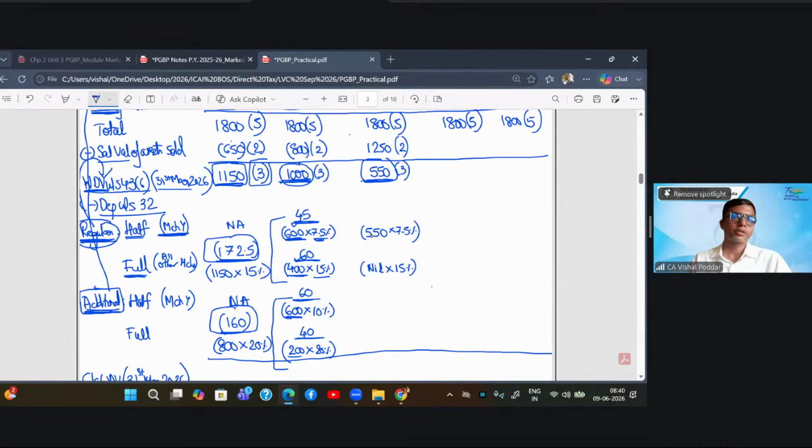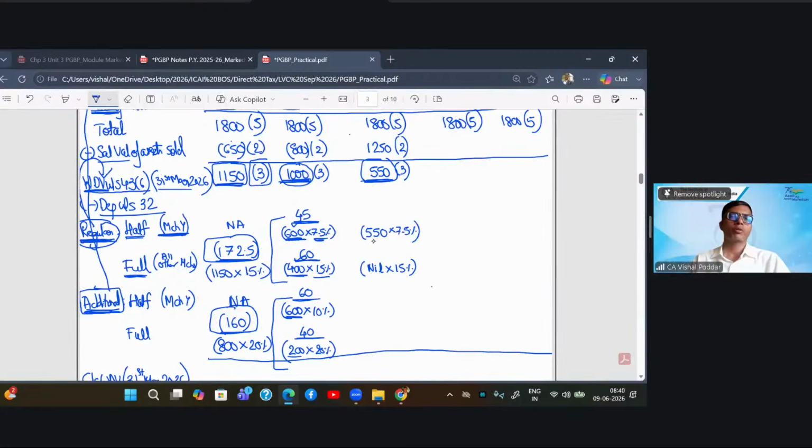So now in this case, you would have understood the difference between case B and C. In C, what is the different point? The different point is that you are utilizing your entire WDV in the half section itself. So nothing is left for the full section.